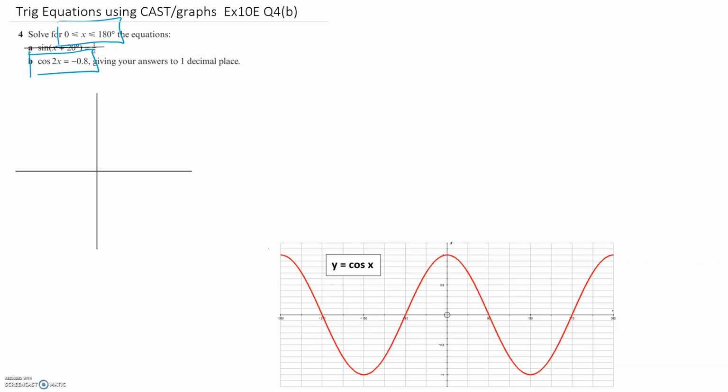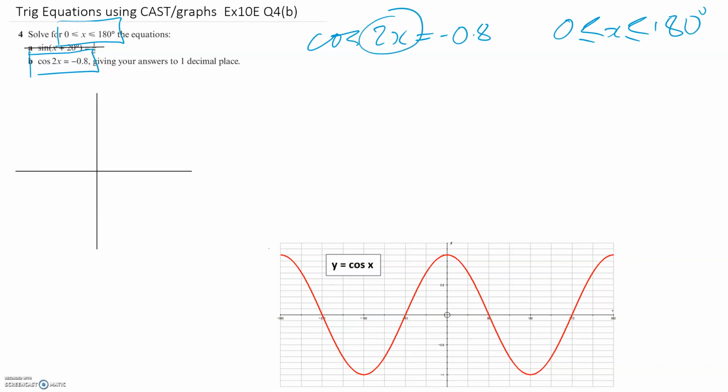So to start off this question, I would write cos 2x equals minus 0.8, 0 to 180, and deal with the range first of all. So remember, you treat this as a block. Keep that 2x together until right at the very end of the question, only at the very end where you divide everything by 2.